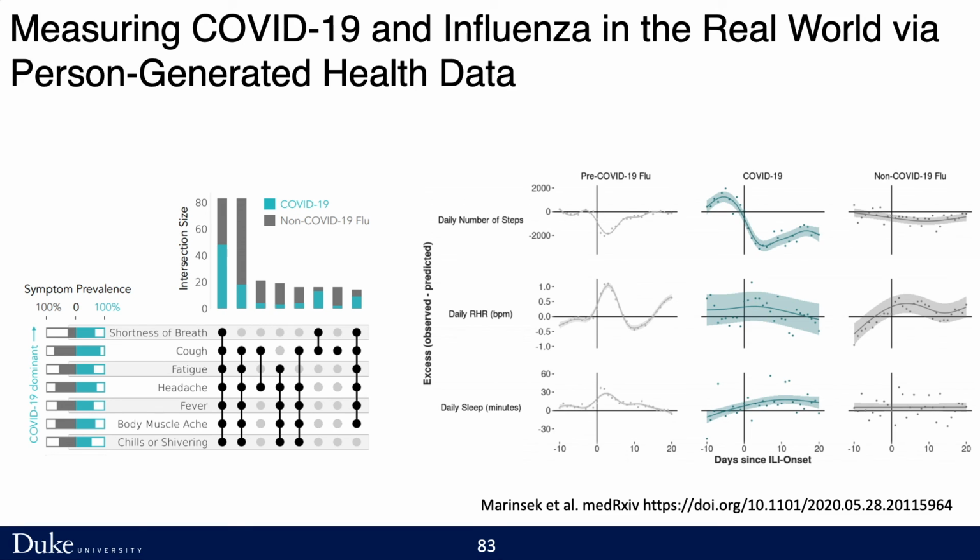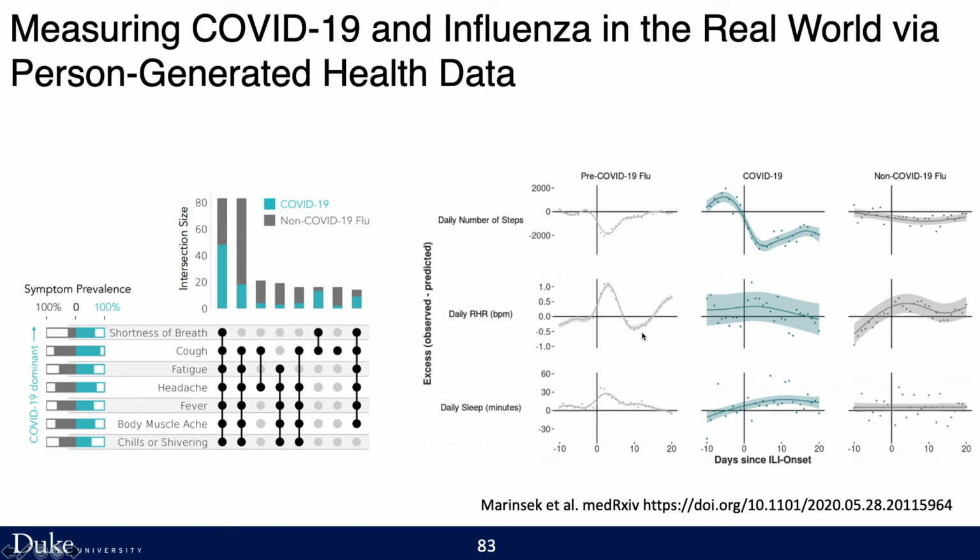And in general, the measurements that are used for all of these different studies are quite similar. So looking at the overall physical activity and seeing trends where physical activity decreases with the start of an infection, whether that is influenza or whether that is COVID-19 or some other type of illness.